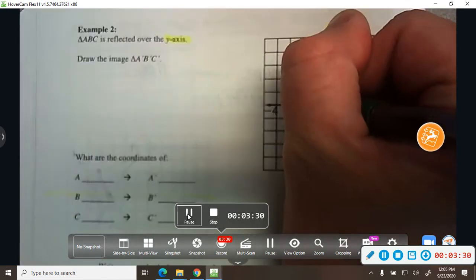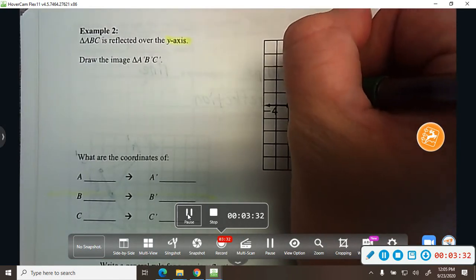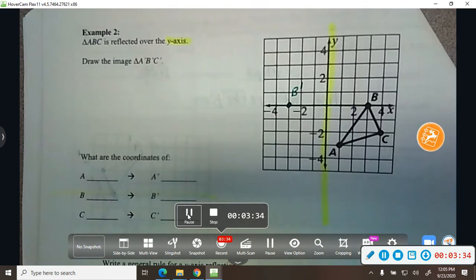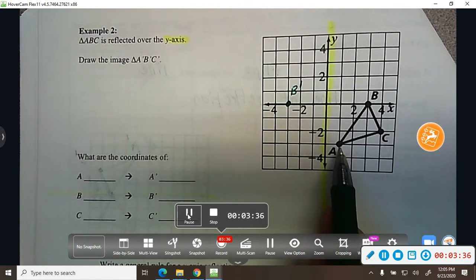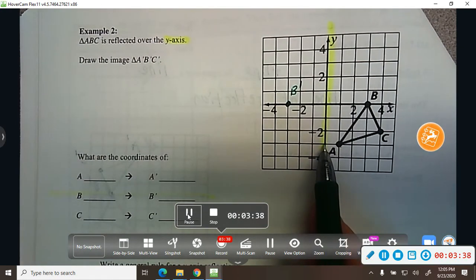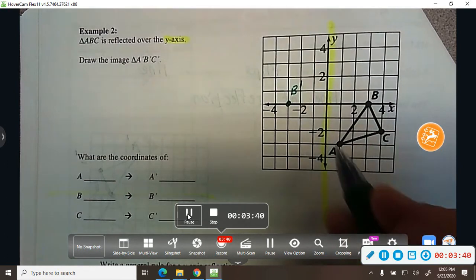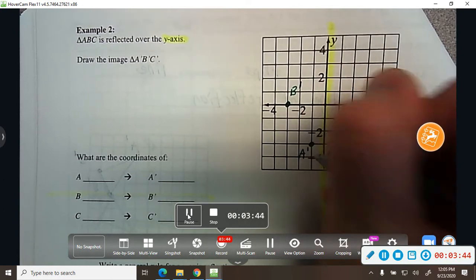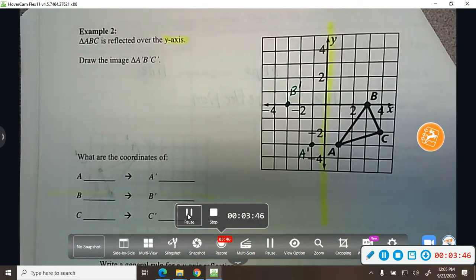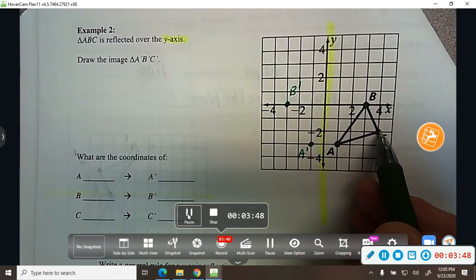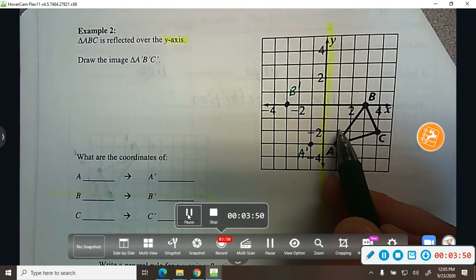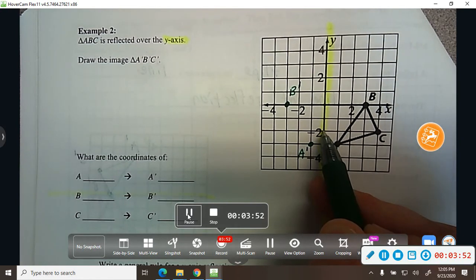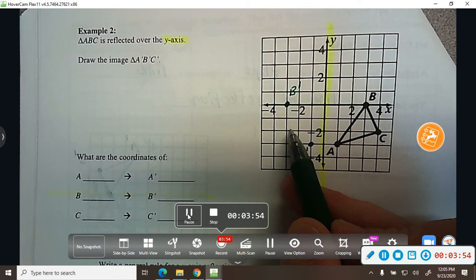So B, the image of B. A is 1 away. So it's going to be 1 away this way. That would be the image of A, notated as A prime. And then C is 1, 2, 3, 4 away. So I'm going to count 4 again. 1, 2, 3, 4.